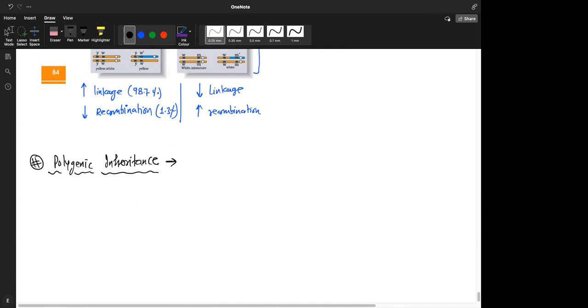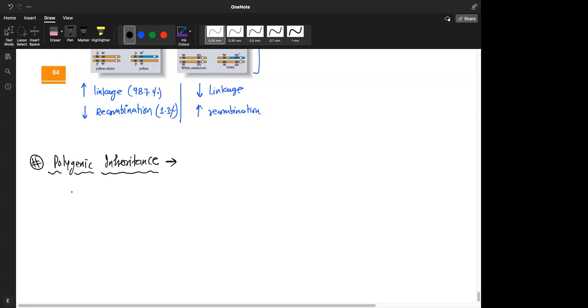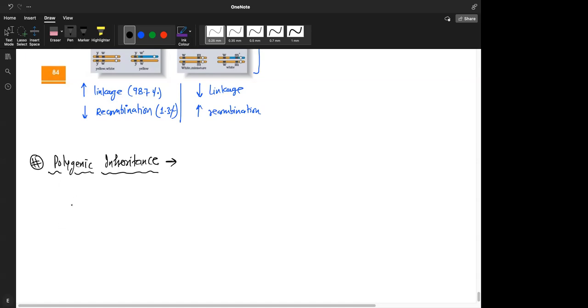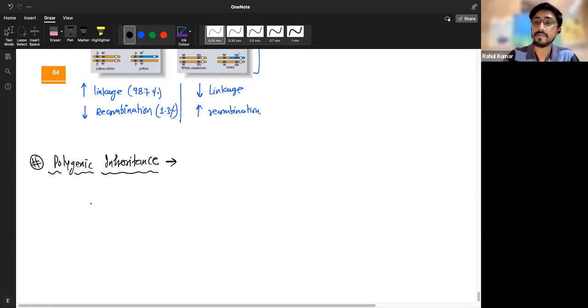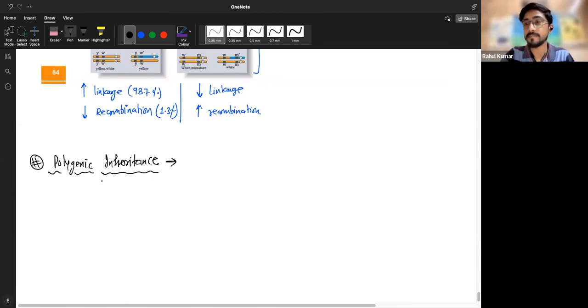In polygenic, more than 3 genes. Exactly. You are not reading the terms and you are thinking that you will understand. If you read biological terms enough, they give you the answer themselves. Yes. Polygenic, more than 3 genes control one trait.